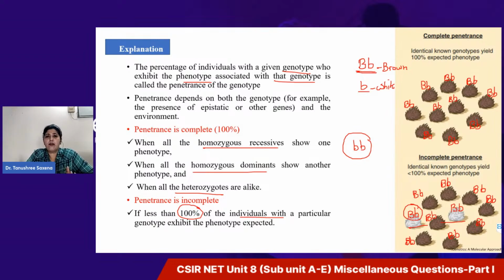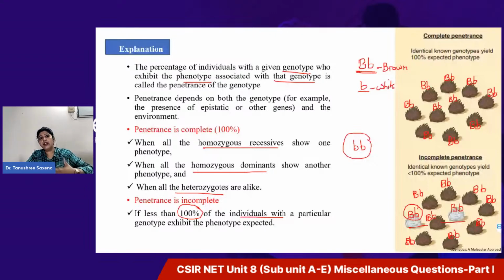Now, if you ask me, ma'am, what is the reason for that? Remember, in Mendel's experiments, we studied that usually the gene is responsible for a particular trait, right? Like if a plant has a genotype for red flower color, the plant will bear red flowers. But later on, when several experiments were conducted, it was observed that even the environment has a role to play.